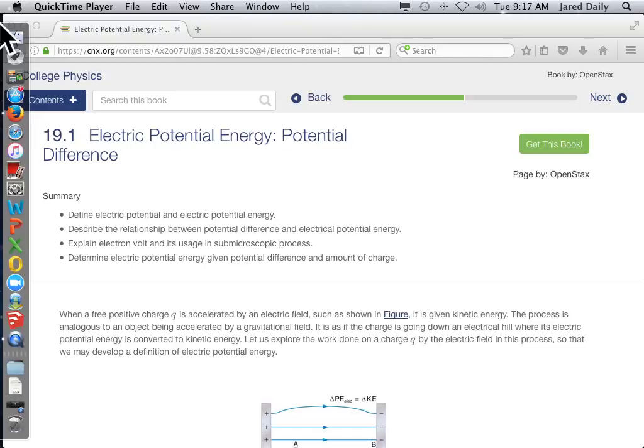What this means is, if I put a charge in an electric field, it will be accelerated. It will move one way or the other, depending on what kind of charge it is and which way the field is pointing. It will accelerate depending on how strong the field is, how big the charge is, what its mass is. But it will move in some way and will gain some energy because of that acceleration, because it will change its velocity.